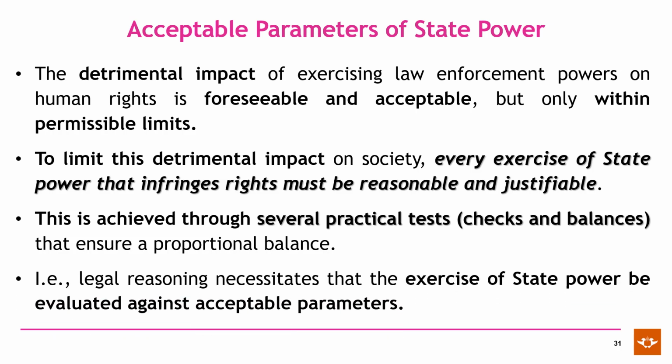So what this means is that legal reasoning and legal decision-making necessitate that the exercise of state power be evaluated against these acceptable parameters, these checks and balances. We need to weigh the two. We accept that there might be a detrimental impact on rights as a result of the exercise of power, but it must be done within acceptable parameters of state power.